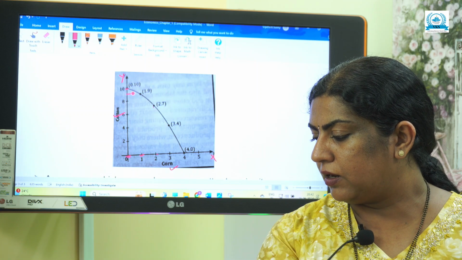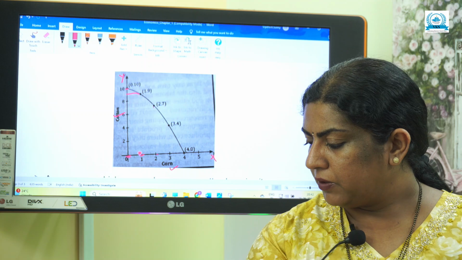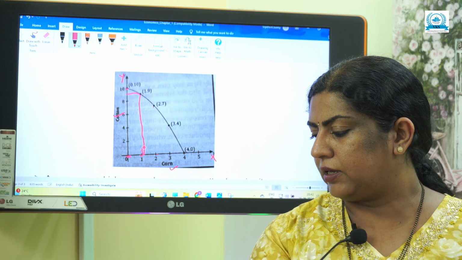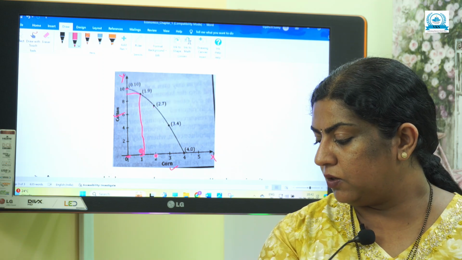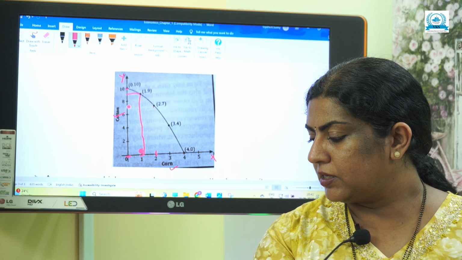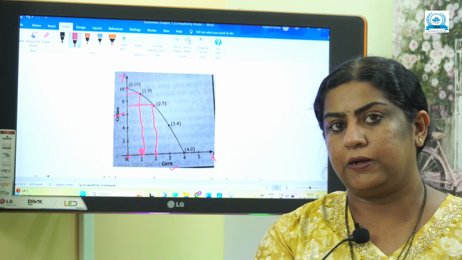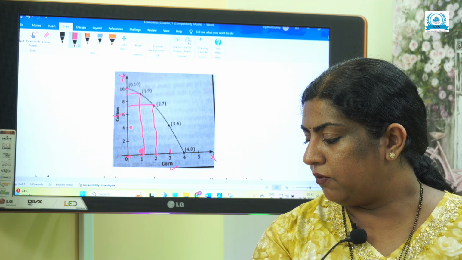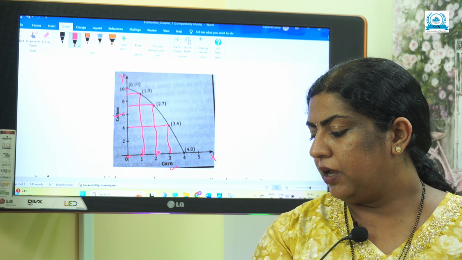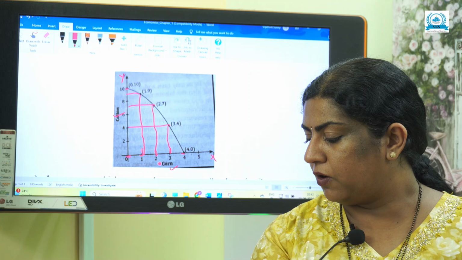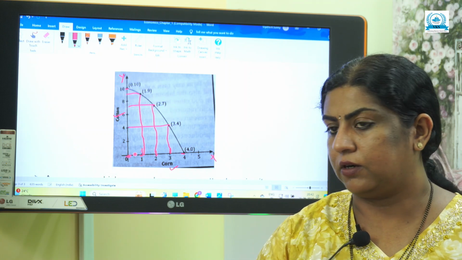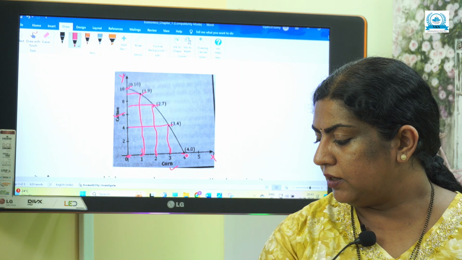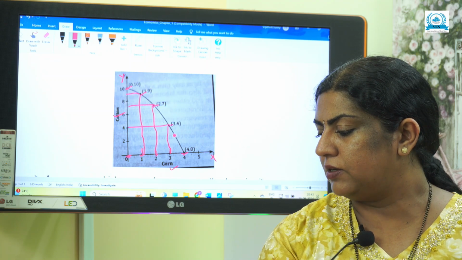You can connect it like this. Next, when you use 2 units of corn, we can see 7 units of cotton. Again, when 3 units of corn, we have 4 units of cotton. And last, when 4 units of corn, 0 is for cotton. So when all these points join together, you get a curve. Here that curve is visible.